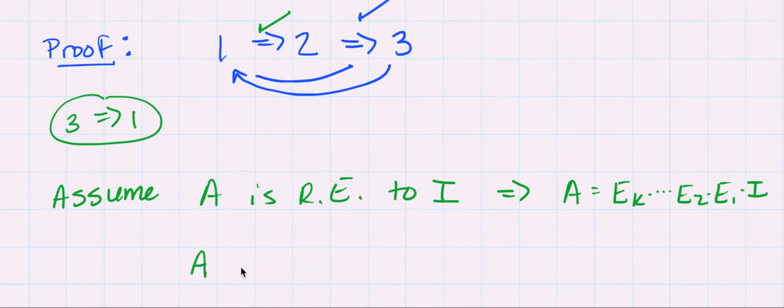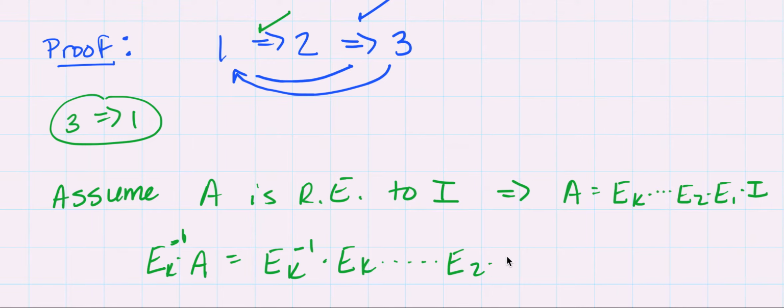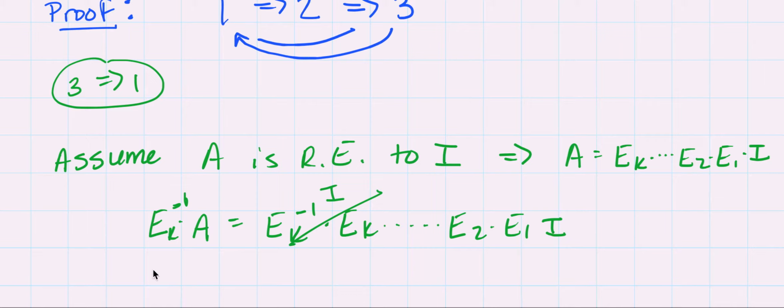So we can multiply this by EK and we'll get EK inverse times EK, and this will go away and we'll get the identity, and we're left with EK inverse times A is equal to EK minus 1, and so on.